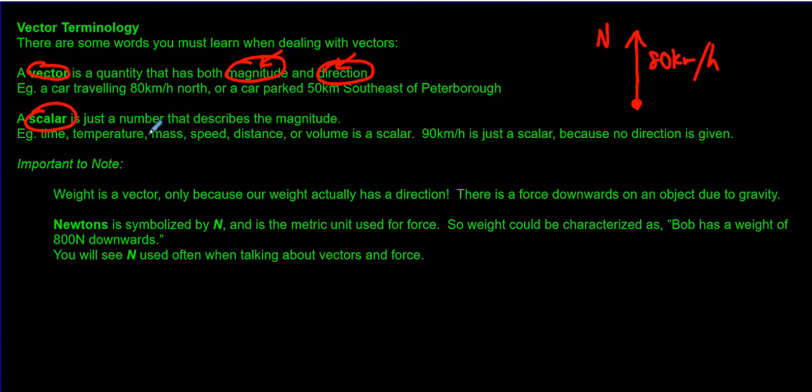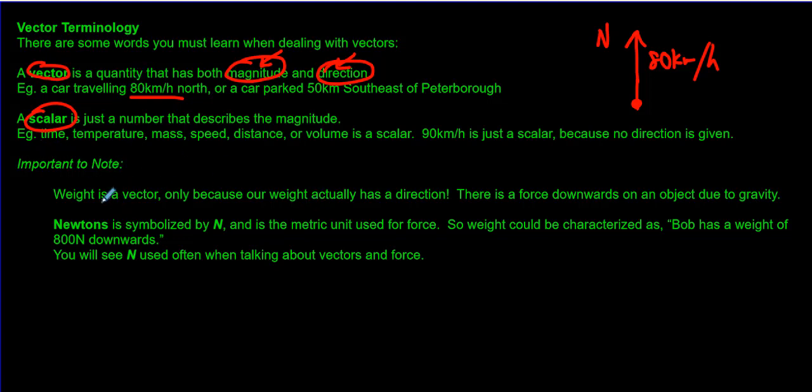For example, time, temperature, mass, speed, distance, or volume. That is a scalar. 90 kilometers per hour is just a scalar. There is no direction given. Okay? So this is the scalar. And the direction, of course, is the north part. The scalar would be like that, 80 right there.